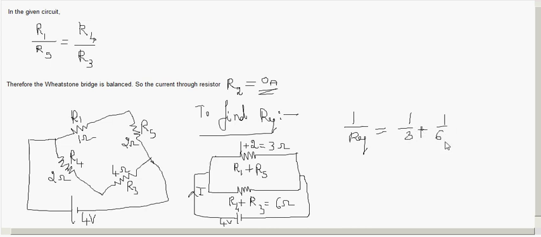Simplifying this, R equivalent is equal to 18 by 9, or 2 ohm, because if you take 18 as the common denominator, that will become 6 plus 3. Therefore R equivalent is 2 ohm.